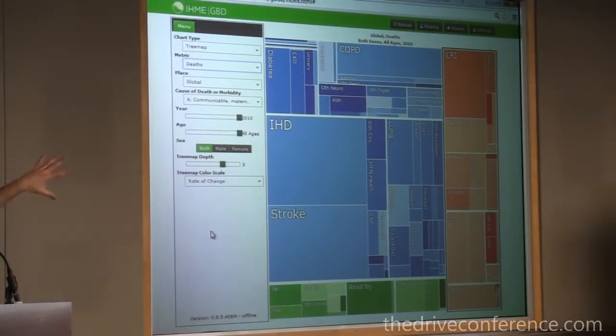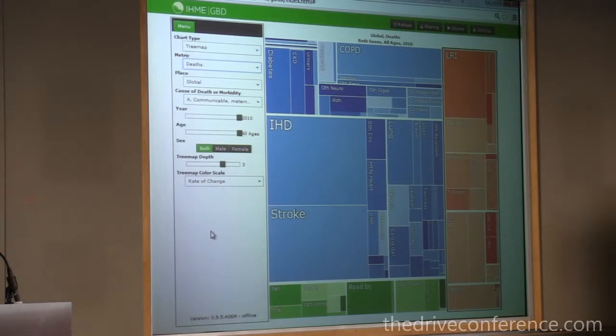And you see with one glance that there's a really big blue box, which is non-communicable diseases. So you see ischemic heart disease, strokes, COPD lung disease, diabetes, and on the right side a bunch of cancers, lung cancer, stomach cancer, and others. You see a red box, which is communicable, maternal, neonatal, and nutritional diseases, so all diseases that are not non-communicable.